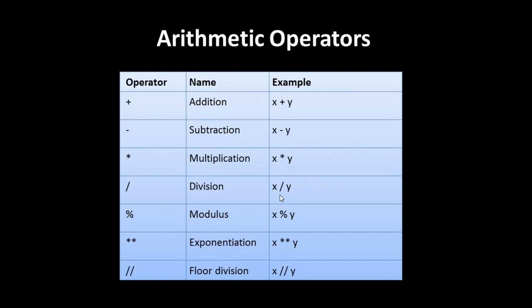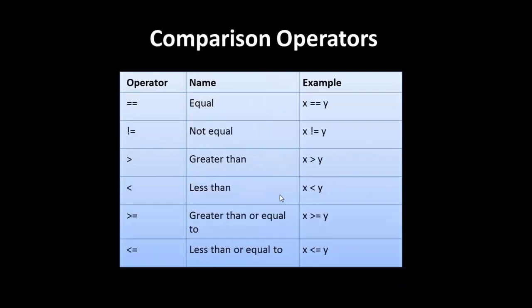What it will do is bring it down to the nearest integer value. For example, if x is 15 and y is 2, it is 15 by 2, which returns 7, not 7.5. So this is a new operator in Python.